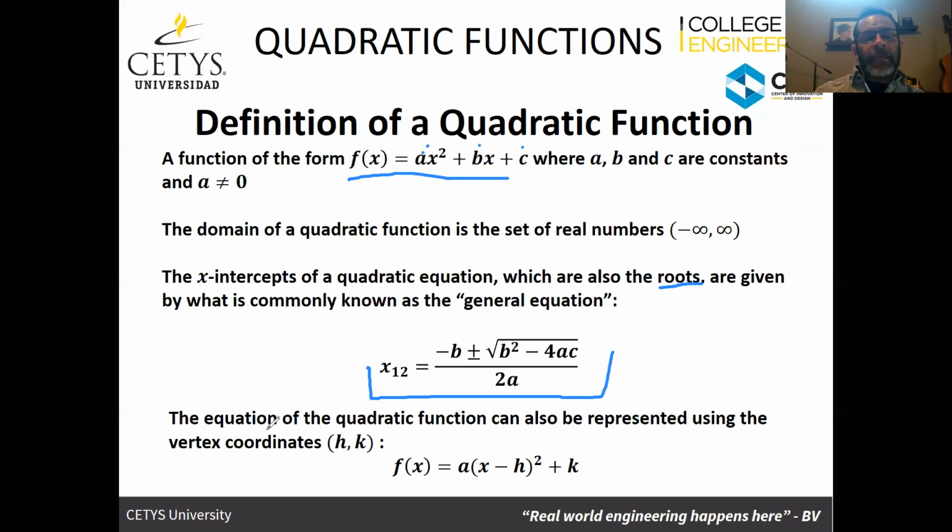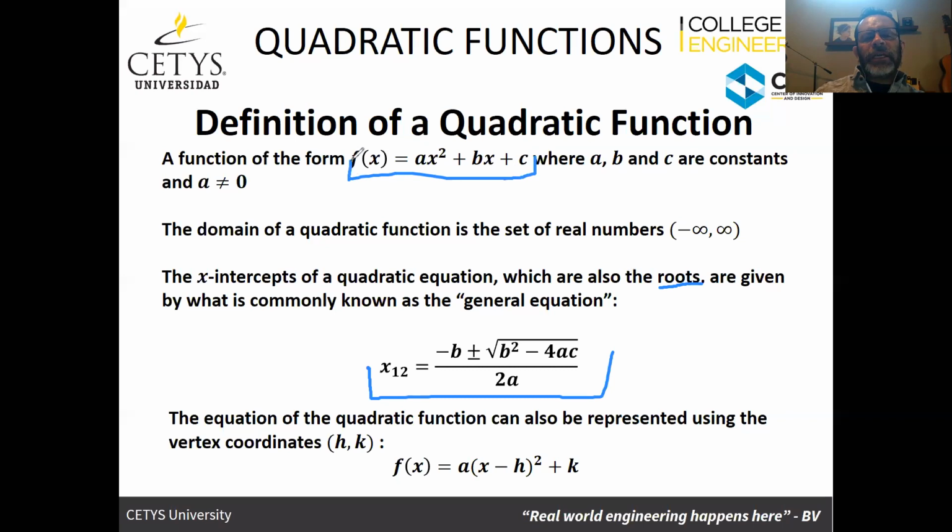Now, the equation of a quadratic function can be represented in many ways. This is the general, or what's also called the canonical, representation of a quadratic function.